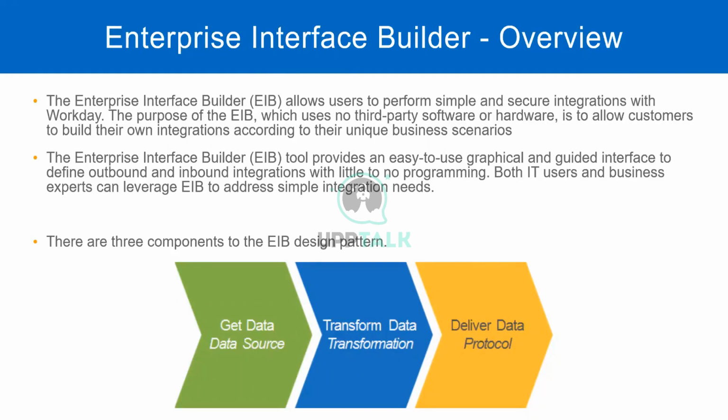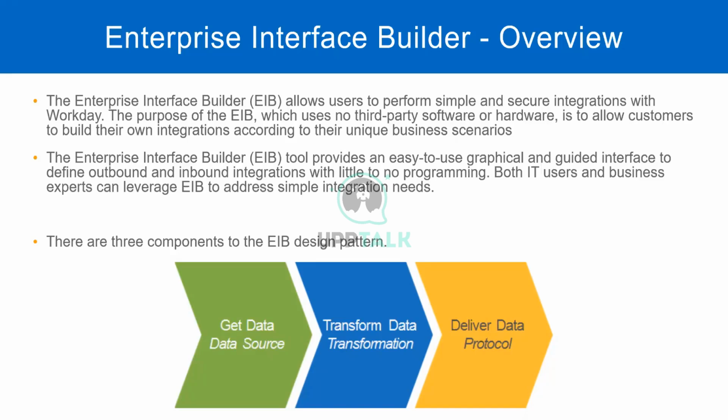Then the second step would be to modify the data, or translate the data or transform the data into a format expected by the recipient. You have to convert it to a format expected by the recipient. That is, transform data. The third step will be to send the data to the recipient or to deliver the data.